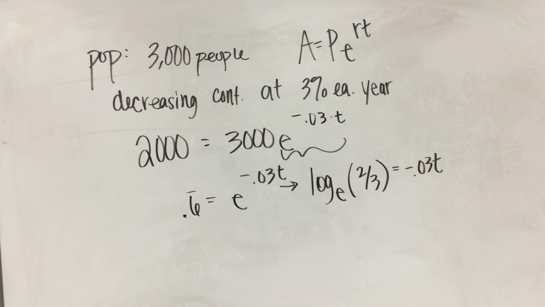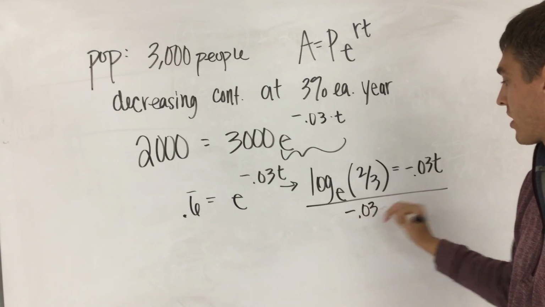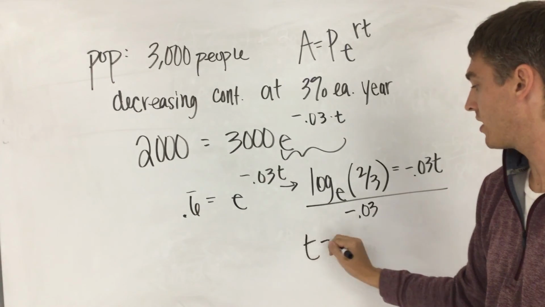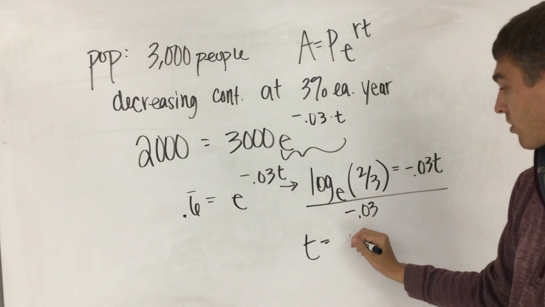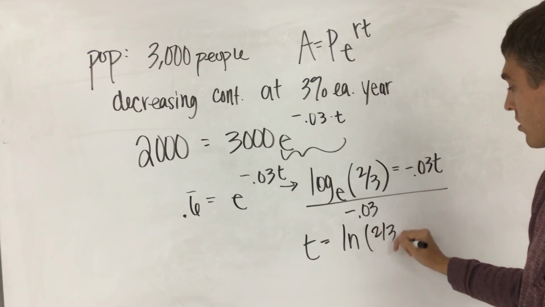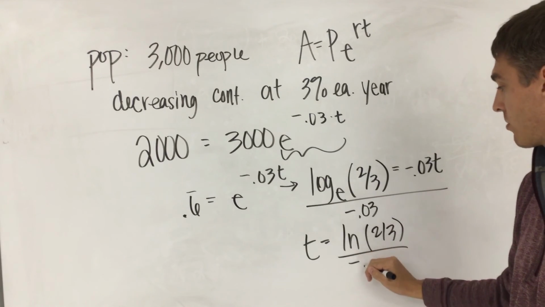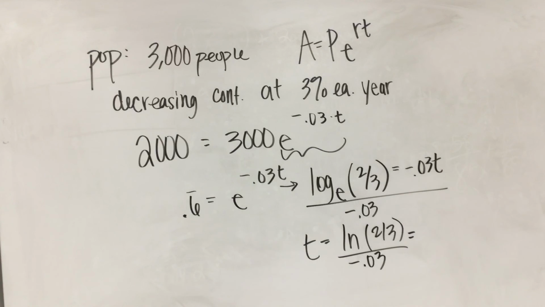One more step to get t by itself, we got to divide by this negative 0.03. So t equals, remember we said the log base e is just natural log, so the natural log of 2/3 over negative 0.03. And we'll use our calculator to get that decimal.